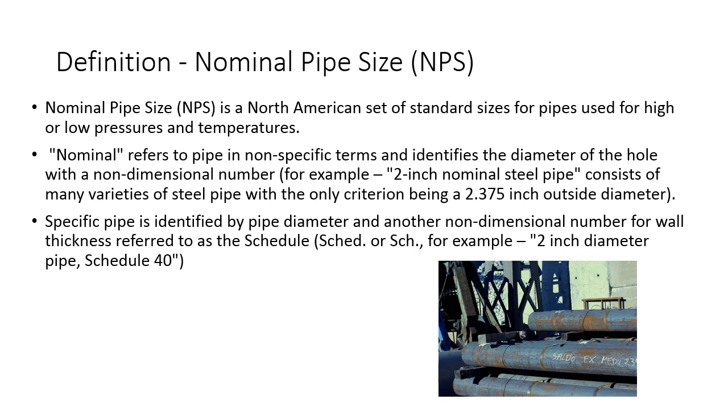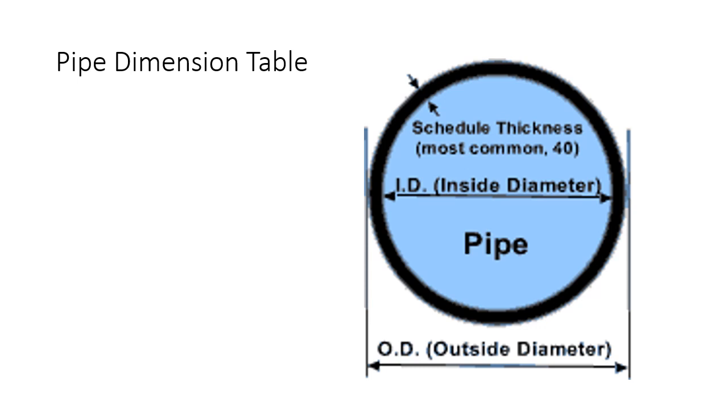Kind of confusing, but once you understand how the system works, it makes it a little easier to digest. So as I said before, we're going to discuss the schedule and then the outside diameter. Those are the two things we use. And it's a nominal size.